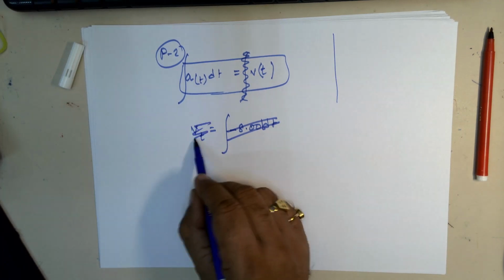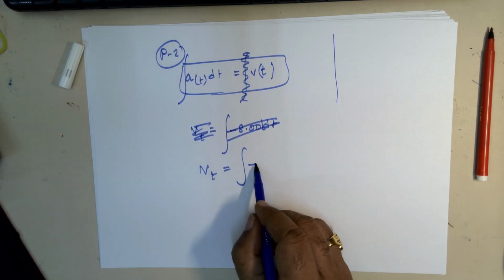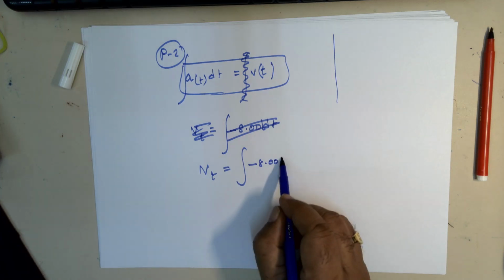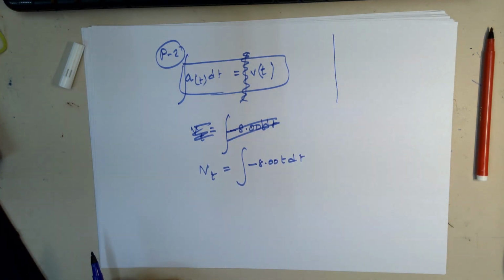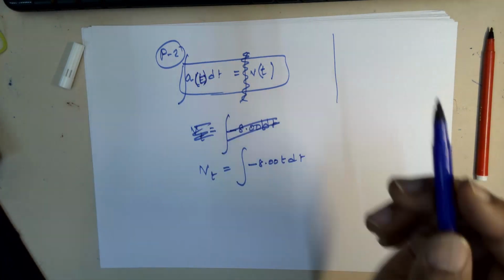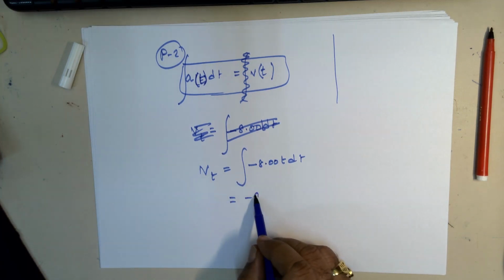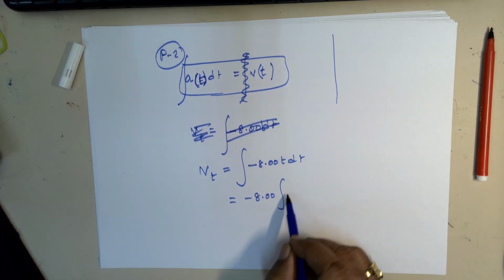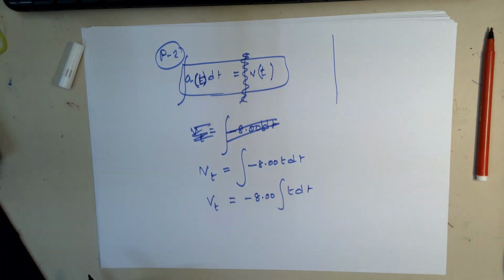Let me rewrite. Vt is equal to integral of minus 8.00 into t into dt. Now, taking the constant outside the integral, the integral of t into dt is equal to v at t.